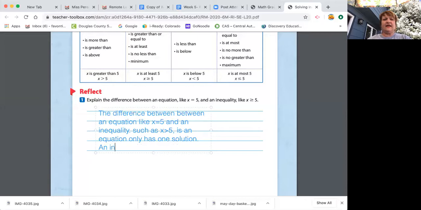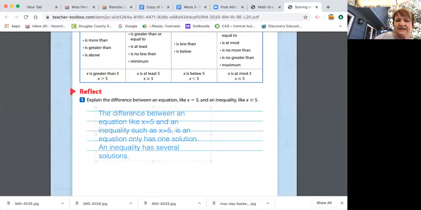An inequality has several solutions, several correct answers. The difference between an equation like x equals 5 and an inequality such as x is greater than or equal to 5 is that an equation only has one solution. An inequality has several solutions.